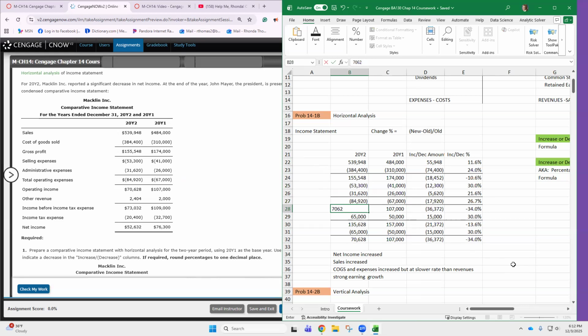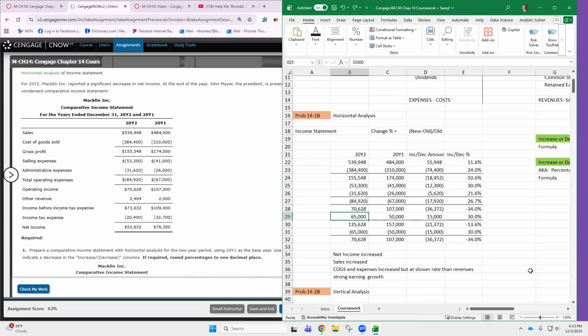Okay. Go back, I think that was already there. There we go. 107. Okay, some of these are subtotals, so I don't want to key them. So actually, the gross profit, I shouldn't key that. I should only key, right?